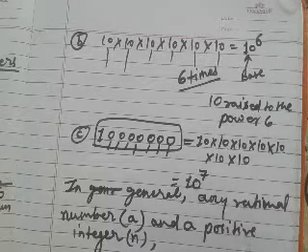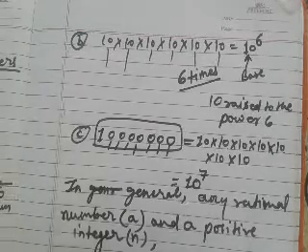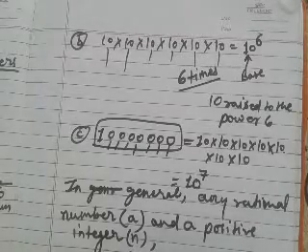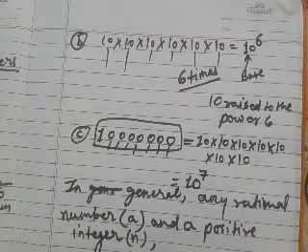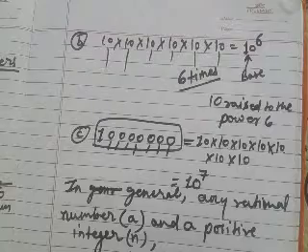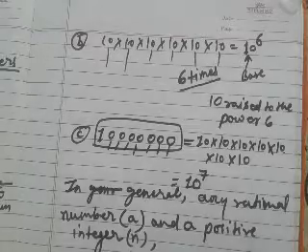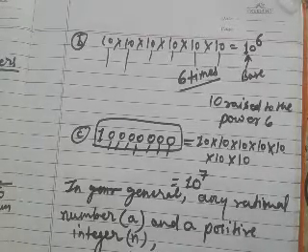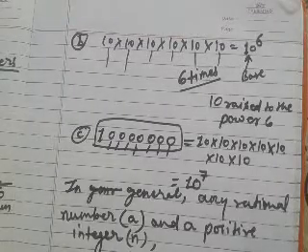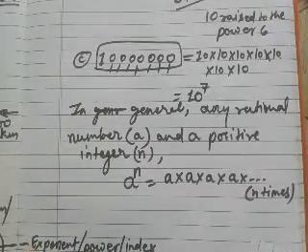We can represent this number in exponential form as a raised to the power n, and in long form we can write it as a multiply a multiply a multiply a up to n times.